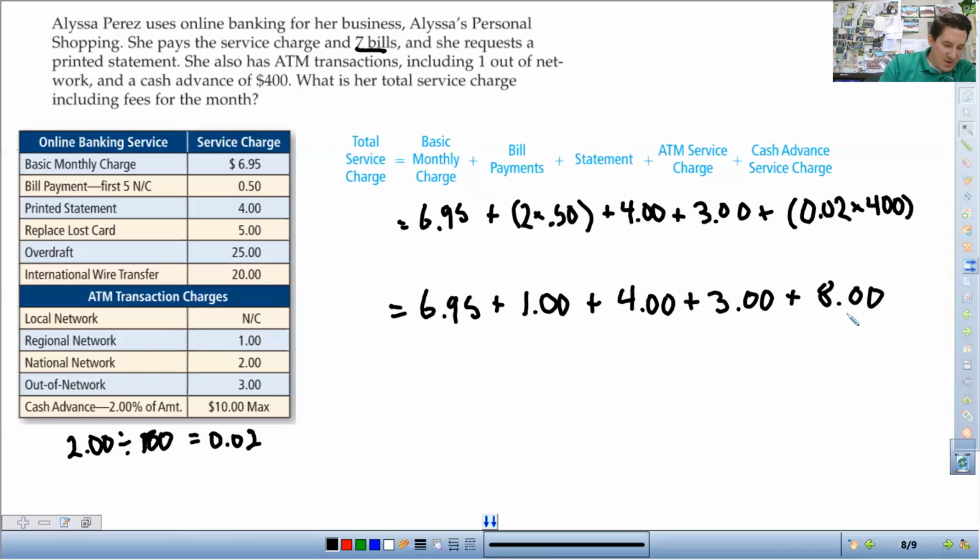So you add up all those: $6.95 plus 1 plus 4 plus 3 plus 8 comes out to $22.95. So she has a $22.95 service charge for using the online banking.